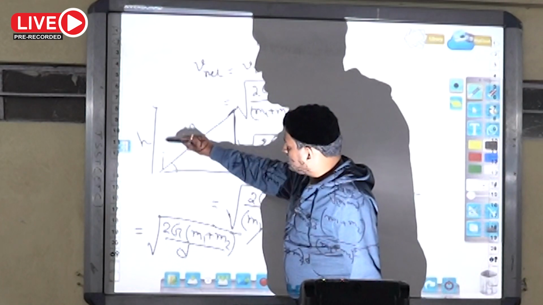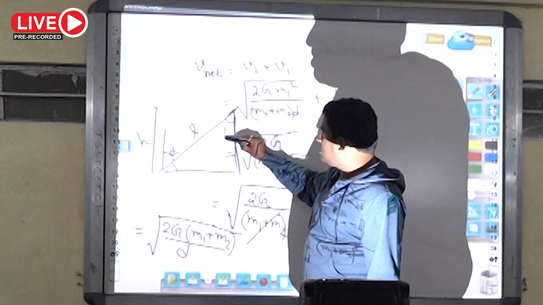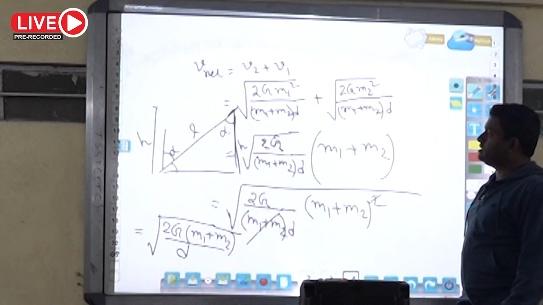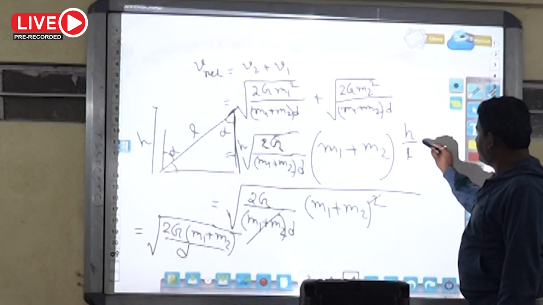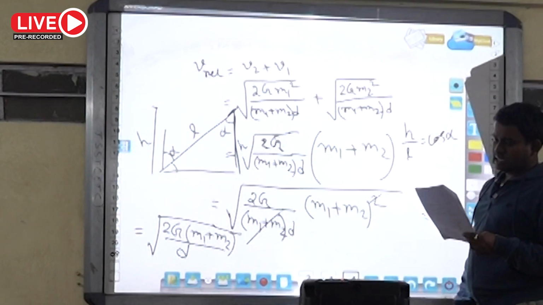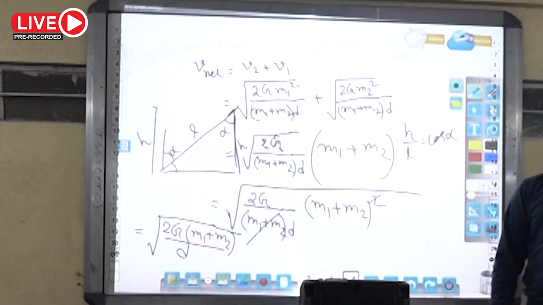With the vertical means this angle is specified, alpha. And then you can write h by L equal to cos alpha. So the correct option is L equal to h by cos alpha. That is option B.